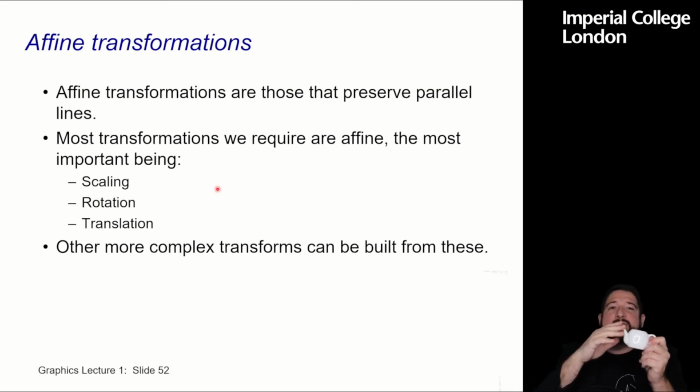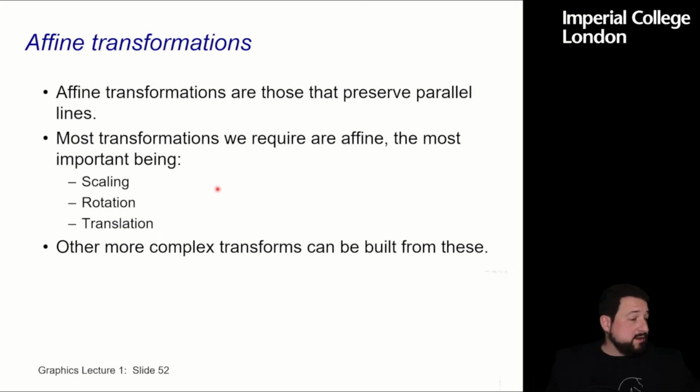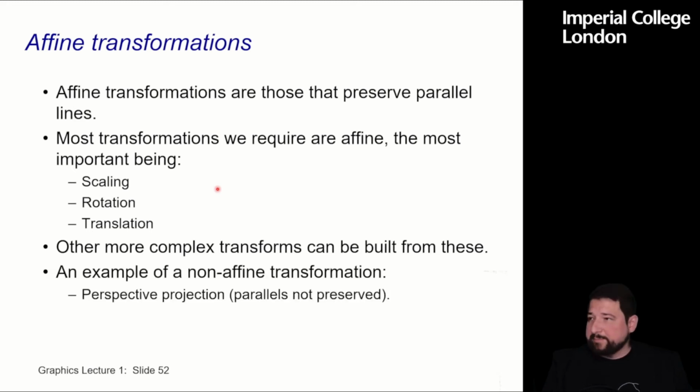I can shear and tilt things, but really rotation, translation and scaling are probably the most important things you'll need in this context. An example for non-affine transformations is what we just discussed before, a perspective projection. Parallel lines are not preserved if you apply this as a matrix, but you can formulate it as a matrix. It's just not affine.